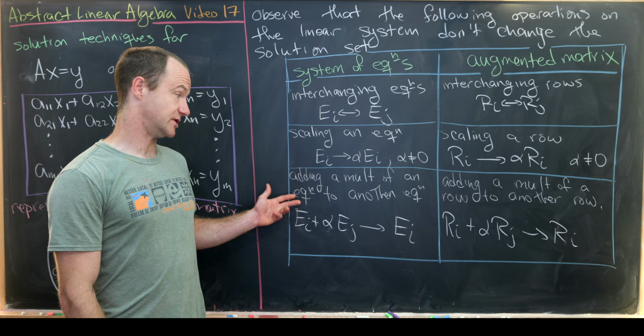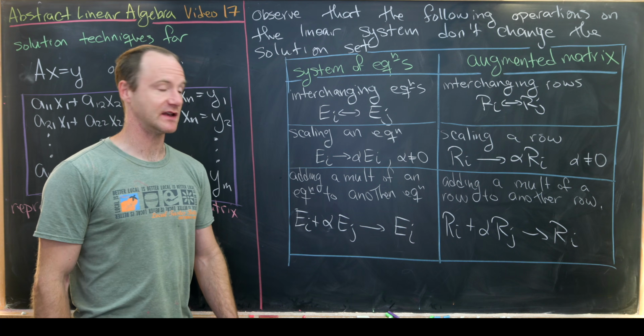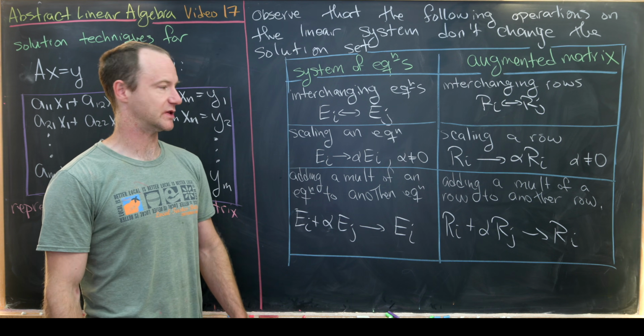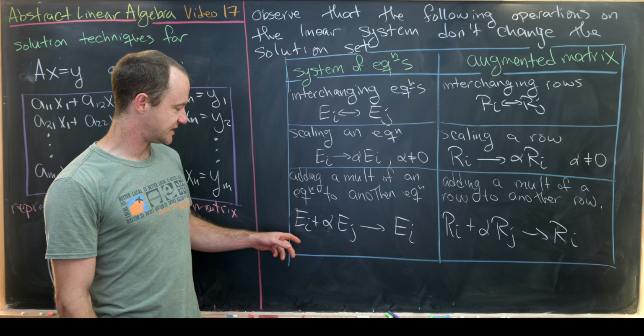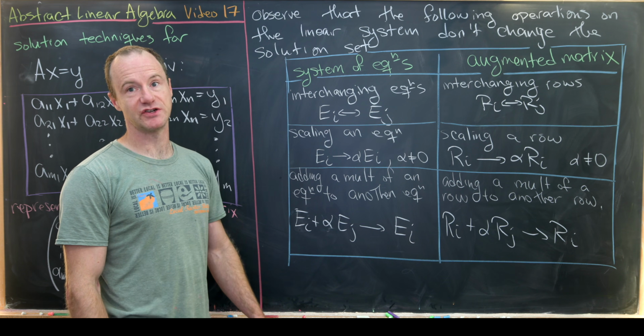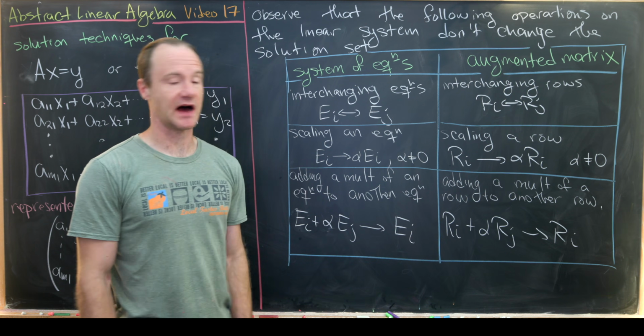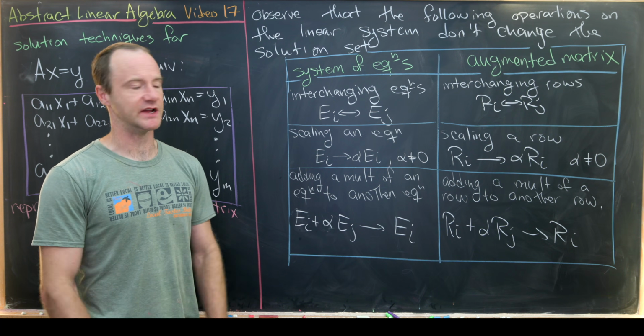Then the last thing that you can do is add a multiple of an equation to another equation and then make that replacement. So in other words, you could take equation i, add alpha times equation j, and then replace our original equation i with that new equation.